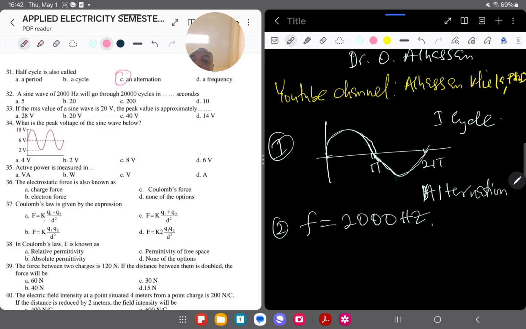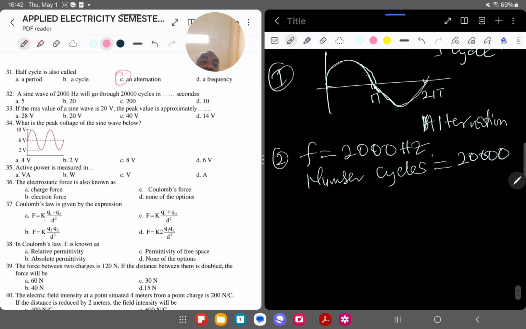So here we are given the frequency, 2000 Hz, and the number of cycles, which is 20,000. We are asked to find the time. If you are given 2000 hertz and the number of cycles is 20,000, you should find the time. That's what this is just about.